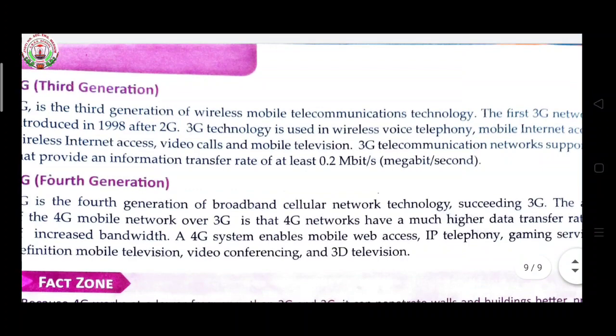Now, fourth generation, 4G. 4G is the fourth generation of broadband cellular network technology, succeeding 3G. The advantage of the 4G mobile network over 3G is that the 4G network has a much higher data transfer rate and increased bandwidth.